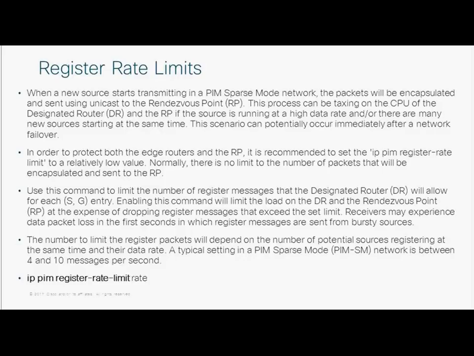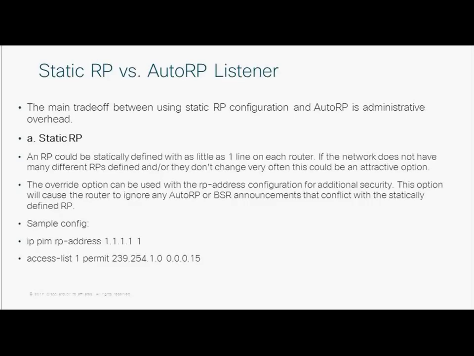And that could cause a reload or a crash or any other issue. So in order to prevent that, we can reduce the rate limit. With the instruction ip pim register-rate-limit, we set a threshold, maybe 100 registers a second, okay? In that way, we will reduce the overwhelming of the CPU.